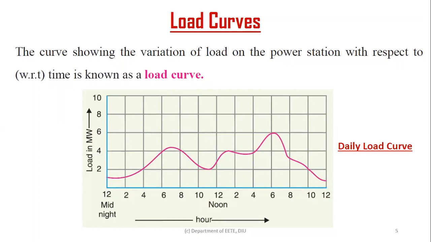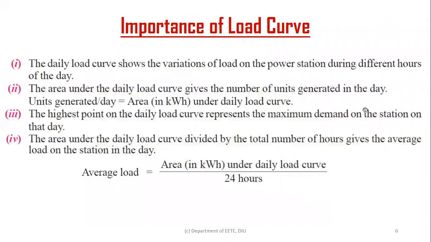But the maximum demand is 6. So as the average load is less than 6 and the maximum demand is 6, the ratio, average demand by maximum demand, will definitely make the load factor always less than 1. So we go to our exact slide.